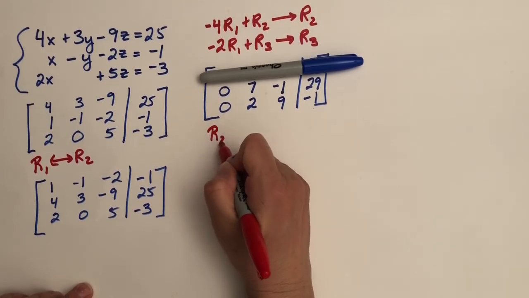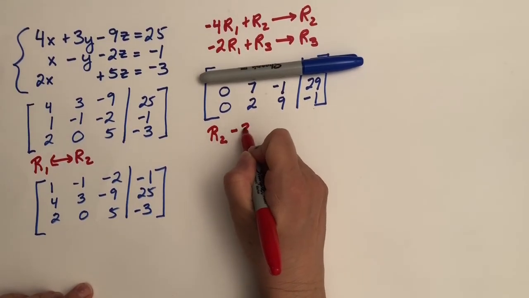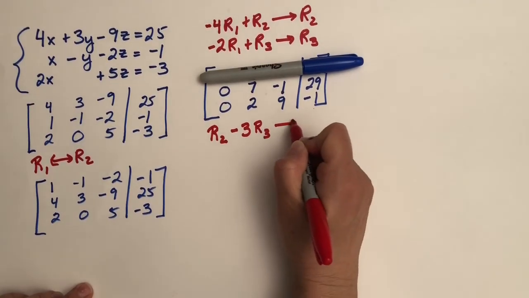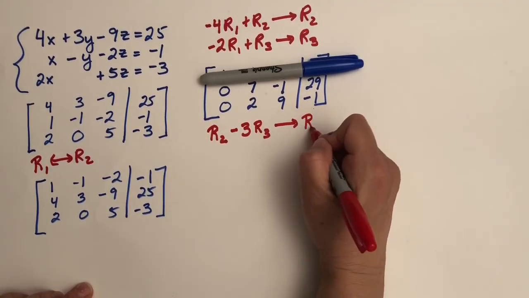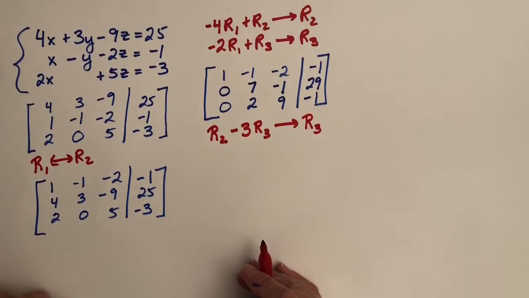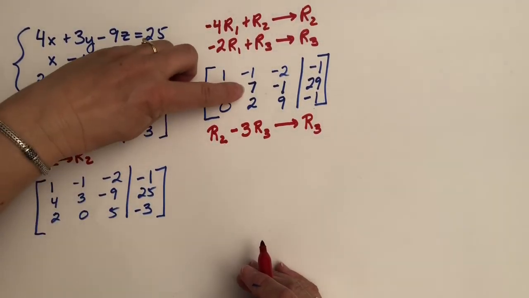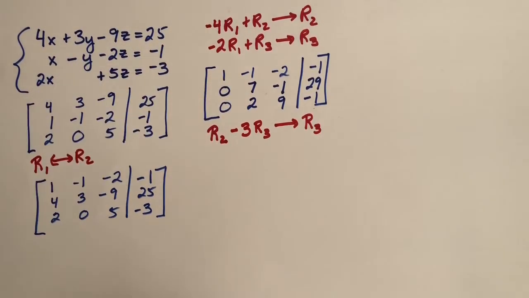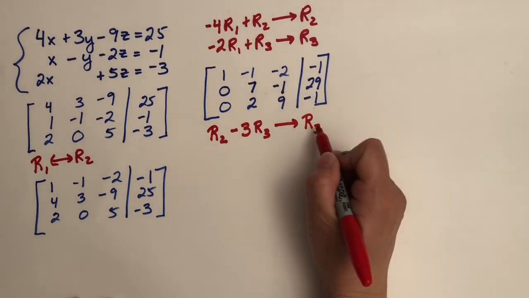Row 2 minus 3 times row 3, and we're going to put the result in row 3. So it's this row minus 3 times this row. And we're going to put the result, oh, I said in row 3.